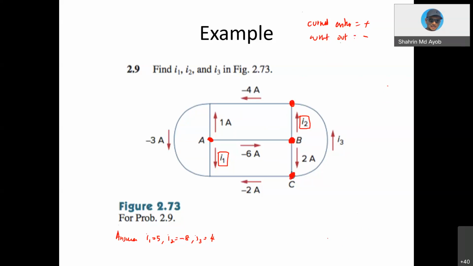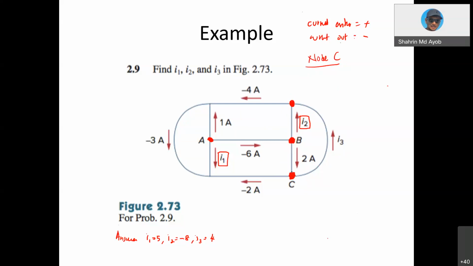You can use this node to analyze your I3 or you can use not this one. Since this is from the textbook, we try to solve by using the equation of the KCL at node C. You can also use this node, no problem, but since this is from textbook, we use node C.